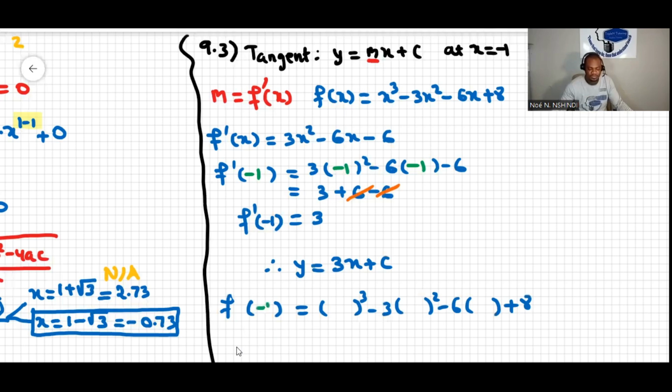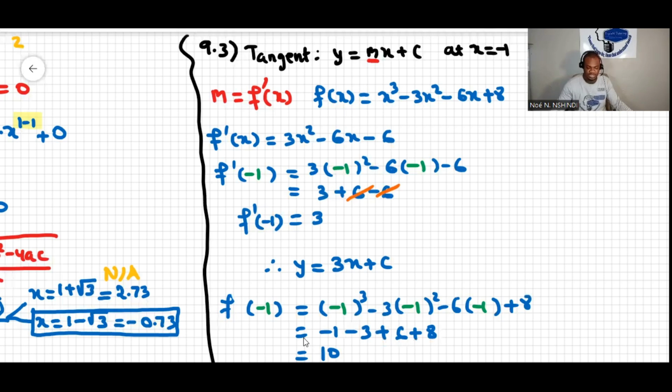So f of negative 1 is negative 1 to the power of 3, which is just negative 1. Negative 1 to the power of 2 is positive 1, and negative 3 times positive 1 makes negative 3. Then negative 6 times negative 1 makes positive 6, and then plus 8. This is equal to 10. So when x is negative 1, y is equal to 10, because f of x is the y value.